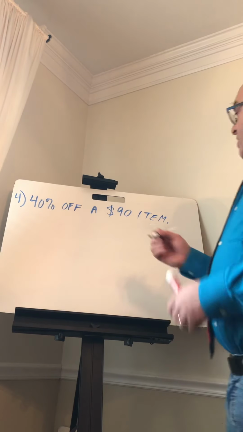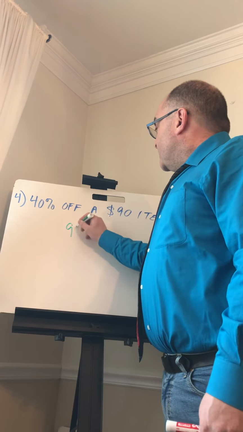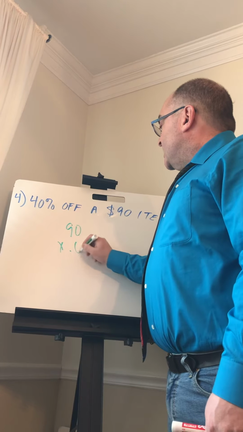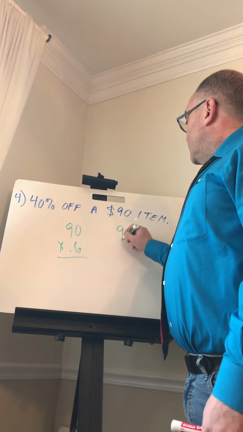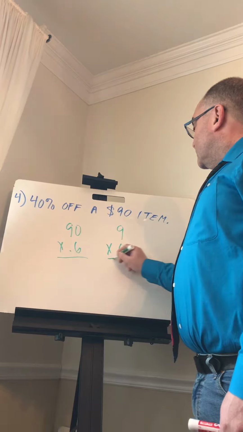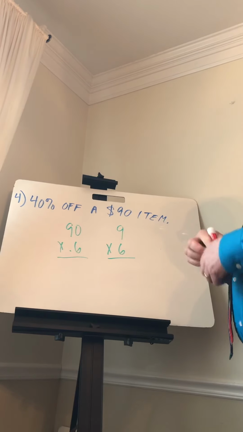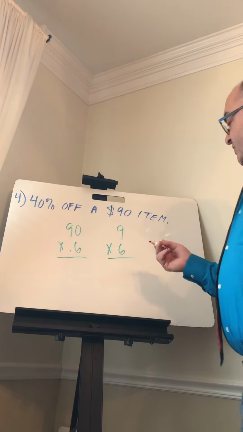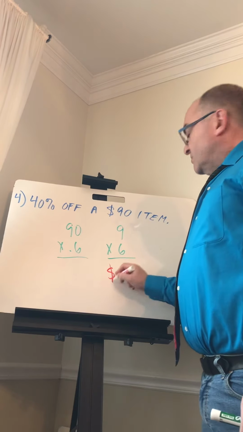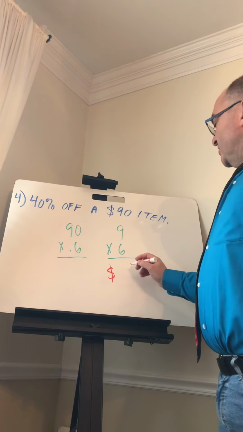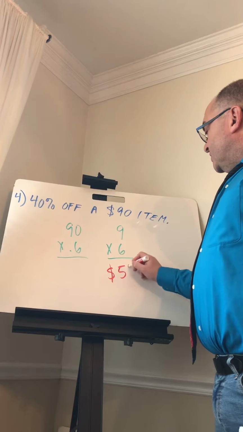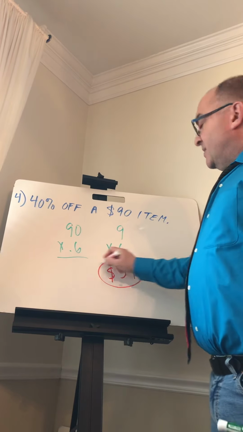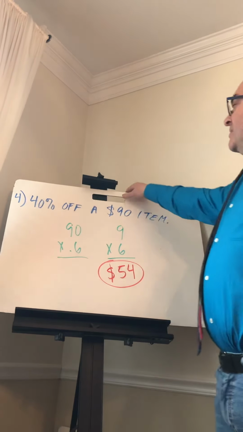So aren't you going to do 90 times 0.6 or just 9 times 6, right? 9 times 6 gives you, did you get your answer? Yeah. What'd you get? 50. Should be 54. Sorry. Okay.